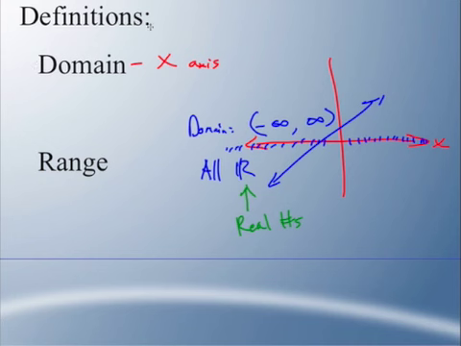And if this domain is talking about the x-axis, that means our range is talking about, yep, you guessed it, the y-axis. So here is the y-axis, and the range on this graph, you're just trying to find when does this not get a value. So I'm going to pick any x, and this line goes on forever, so no matter what, if I go over, I'm going to hit this line.